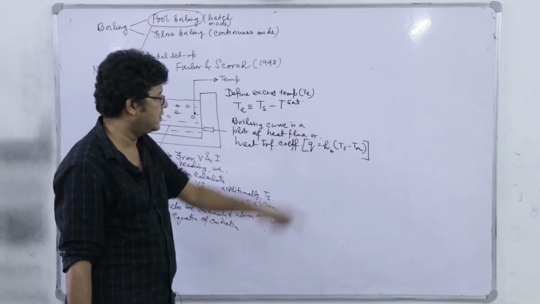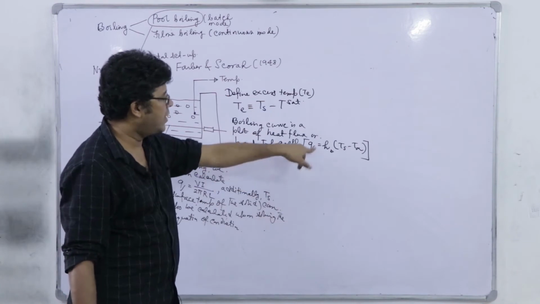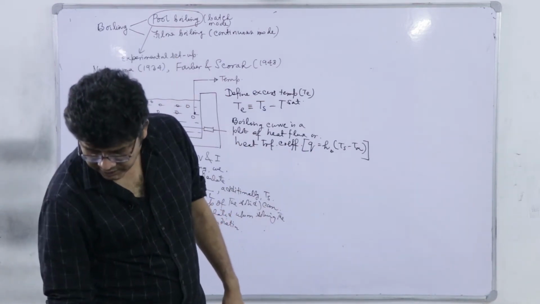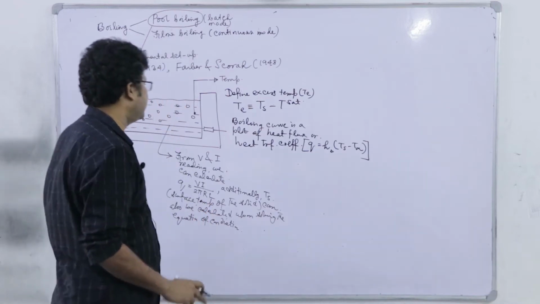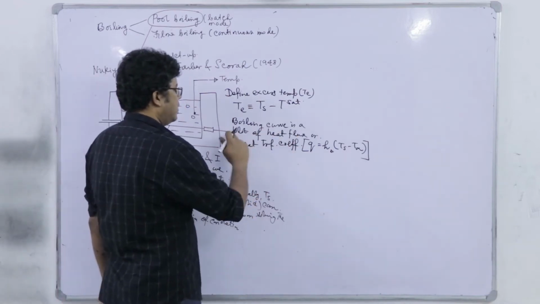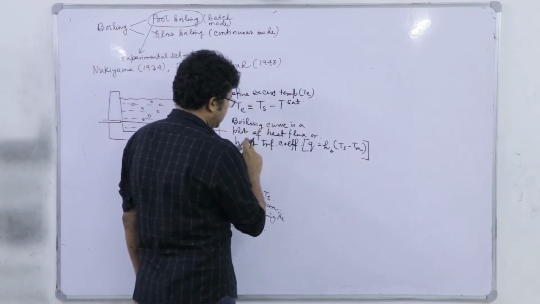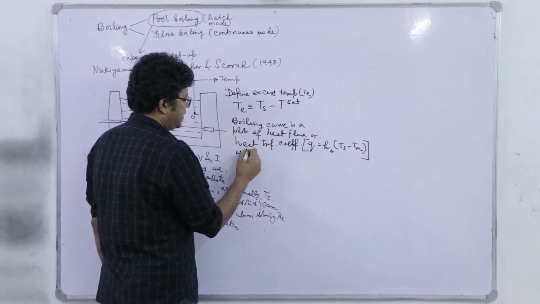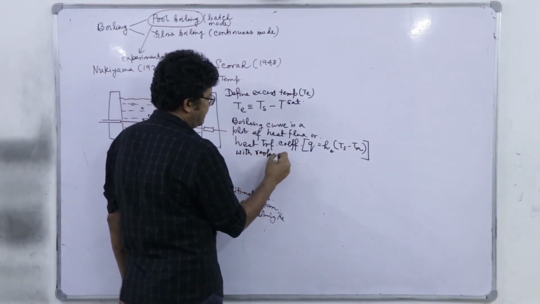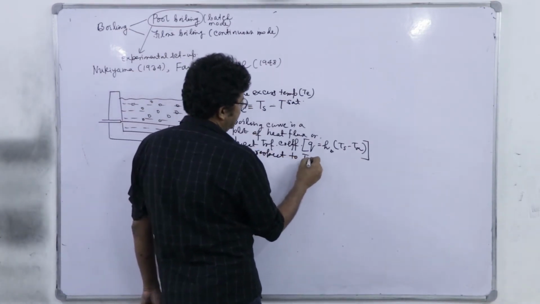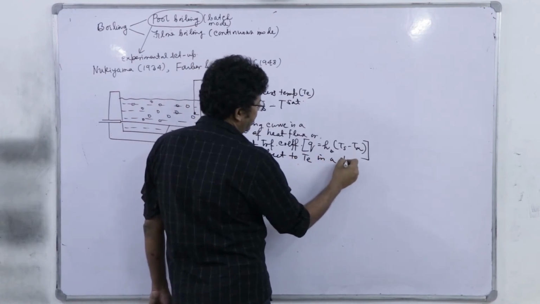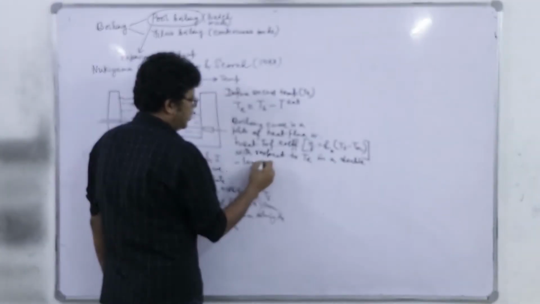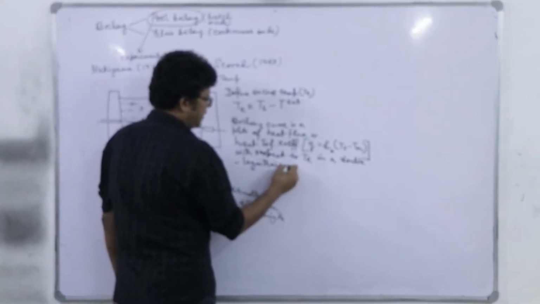So, basically this is nothing but the excess temperature. From there we can calculate this Hb, which is the heat transfer coefficient for boiling. So, a plot of this heat flux or heat transfer coefficient with respect to Te is on a double logarithmic plot.